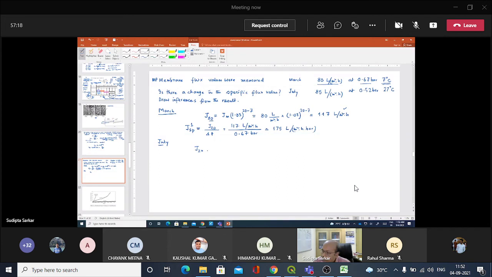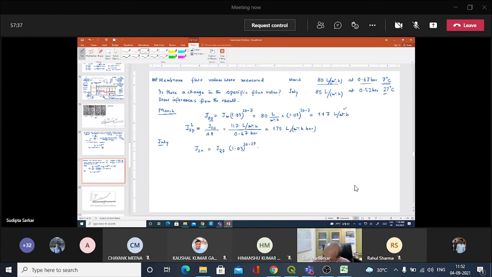In July, again calculate J20, but here the temperature is 27 degrees centigrade. So we write Jm, which is 80, times 1.03 to the power 20 minus 27.